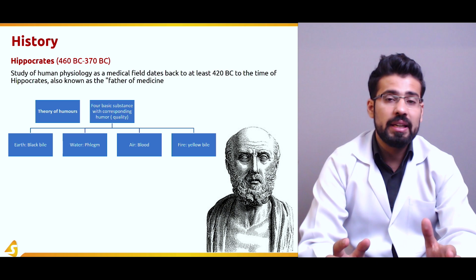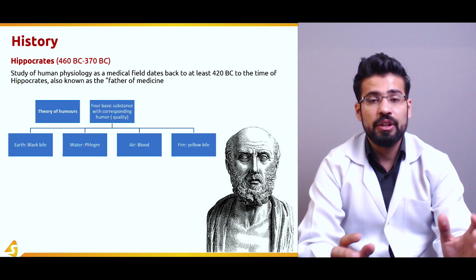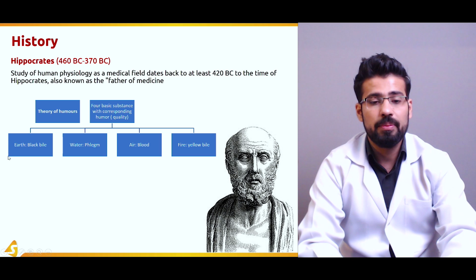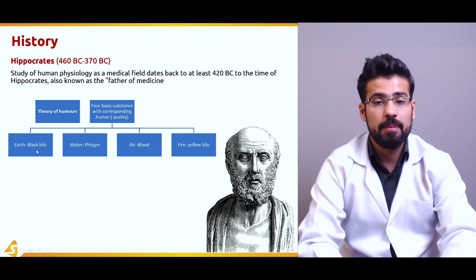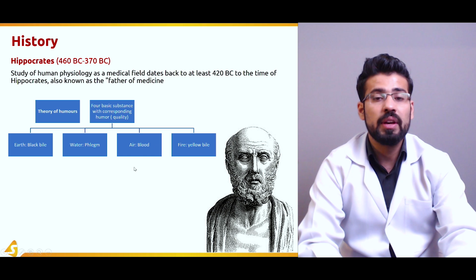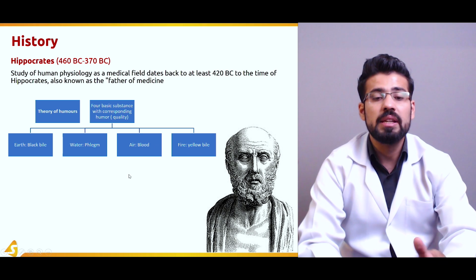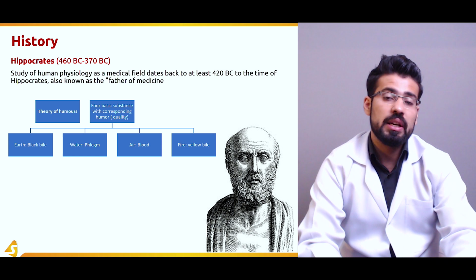Now, when each quality gained excess, it disturbed the body. For example, earth was associated with black bile, water with phlegm, air with blood, and fire with yellow bile. Each of these had its associated functions.